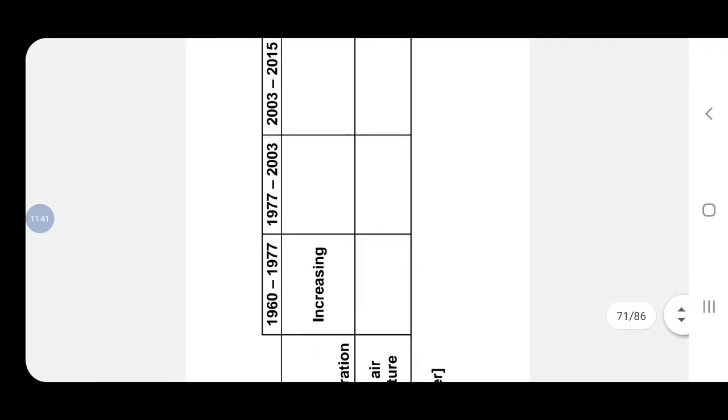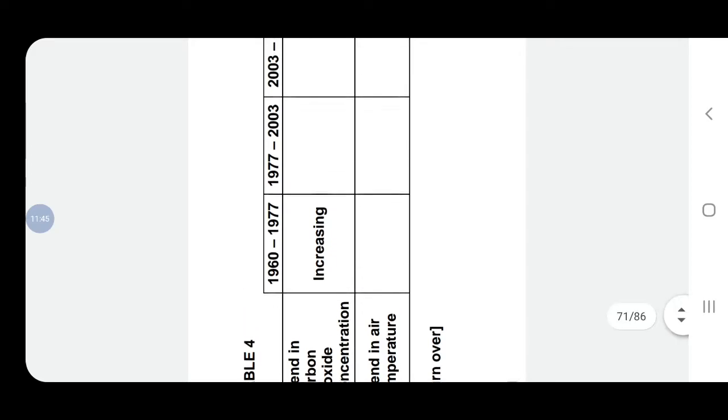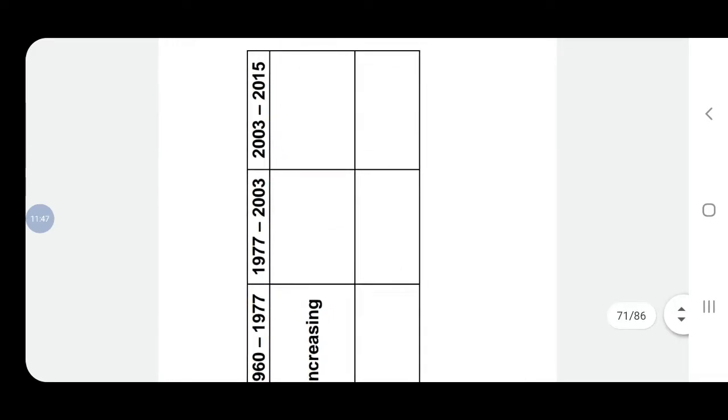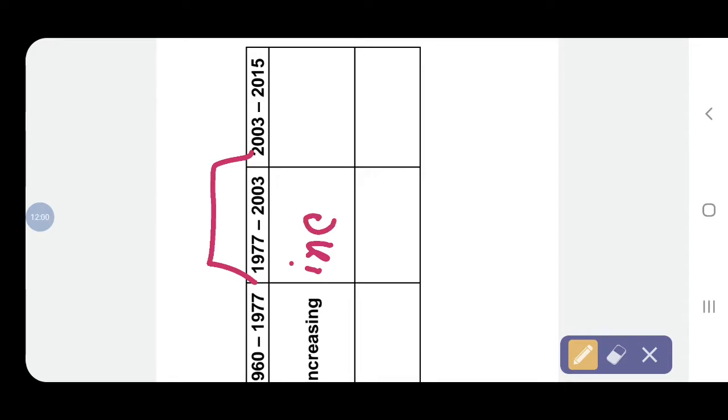So here is a box. Here you can see change in carbon dioxide concentration and change in air temperature. So here you can write, I'm just trying to write small here, 1970, this line. So this is increasing, carbon dioxide is going up.